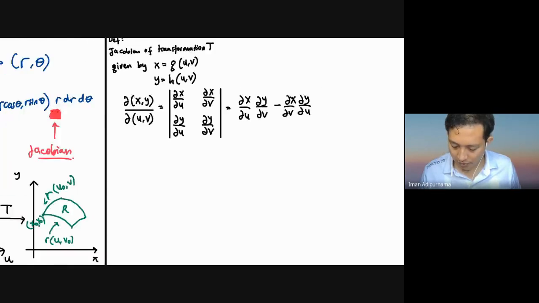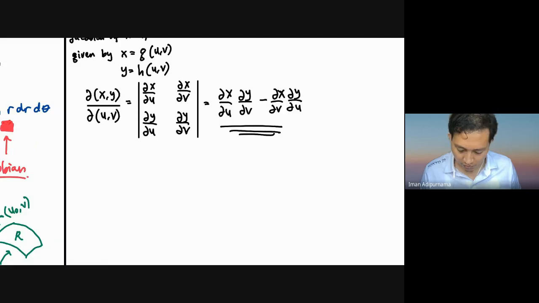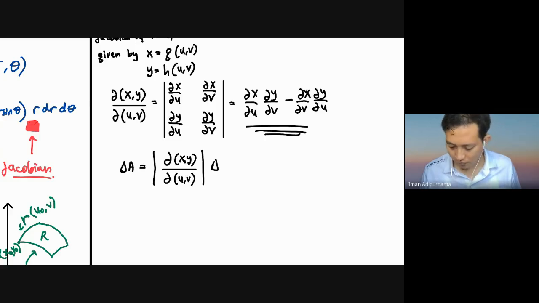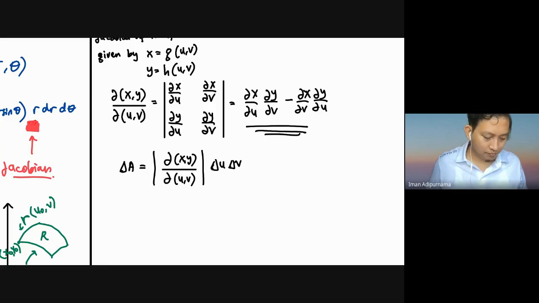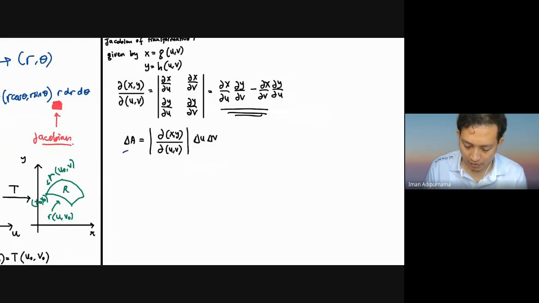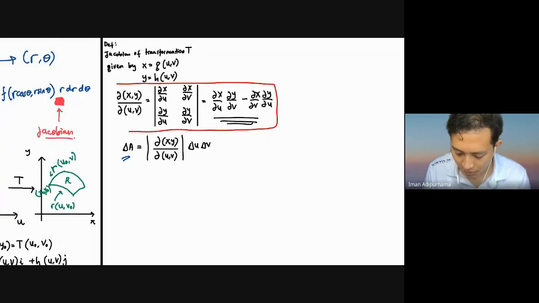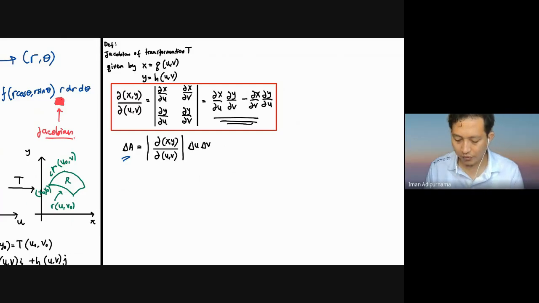So by this Jacobian, we can put the Jacobian in our delta A. So this will be the Jacobian. So we can have this as the area of the parallelogram, and you can relate this to delta A. And let me make maybe a red box to make sure that you take notes for the Jacobian.